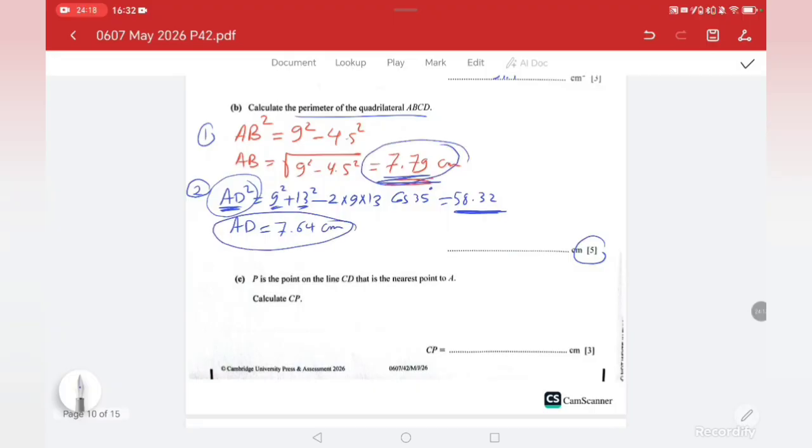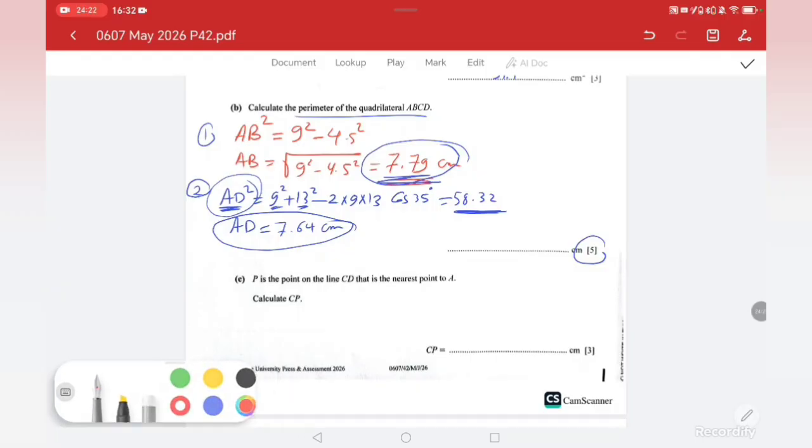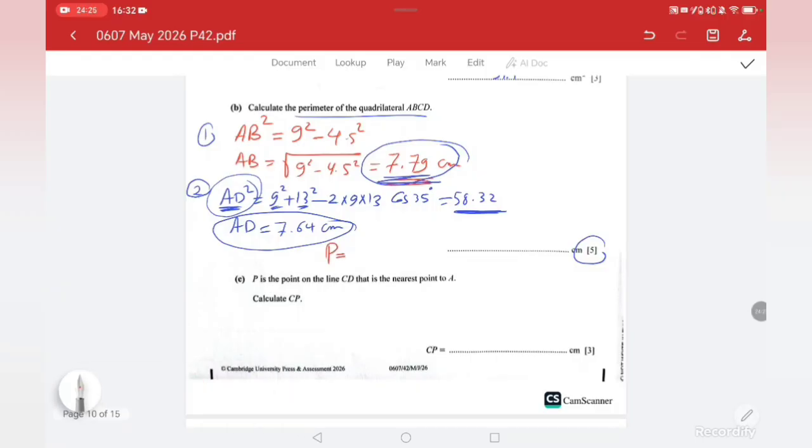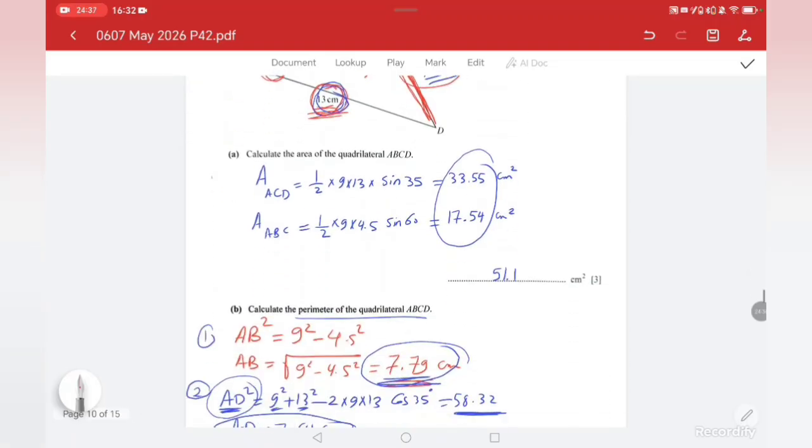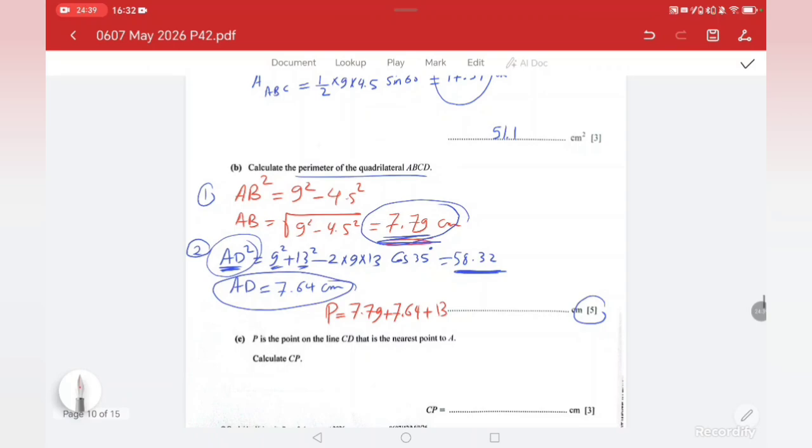So now, since we have the two sides, let's add. Now we need to find the final answer. So the perimeter here will be this 7.79 plus 7.64 plus 13 plus 4.5.